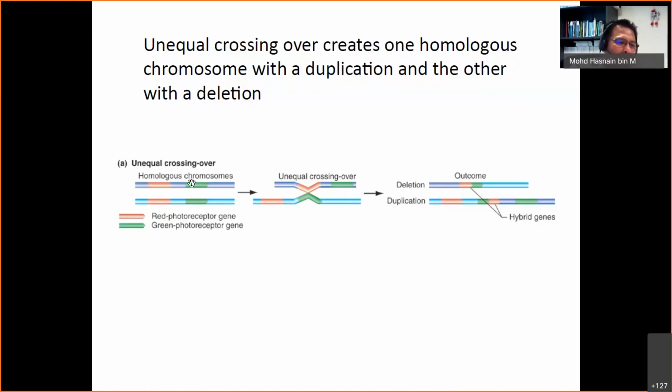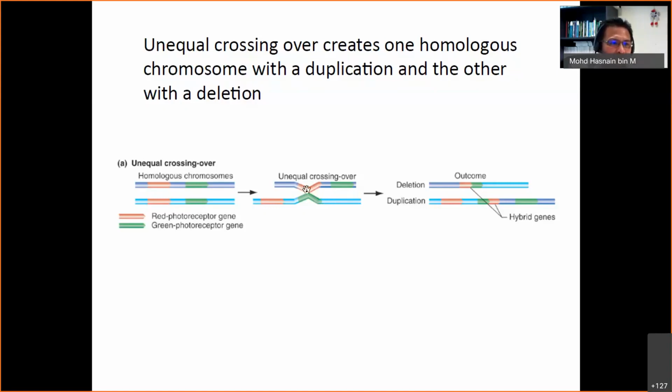So in this case, they investigated a homologous chromosome pair in a diploid for the red and green genes, and then somehow you can have unequal pairing in which the genes, because they are quite similar, sometimes the green can align with the red one, and crossing over can occur.